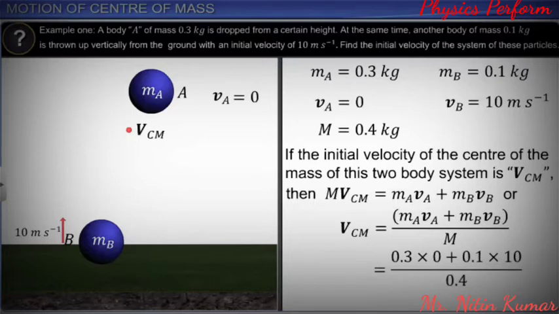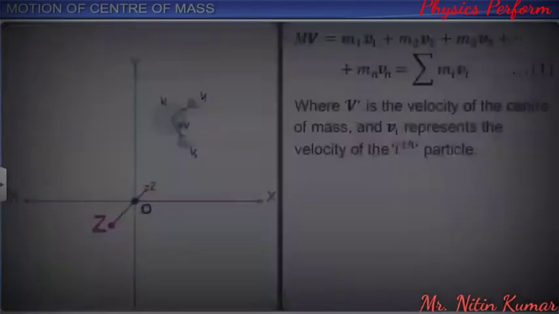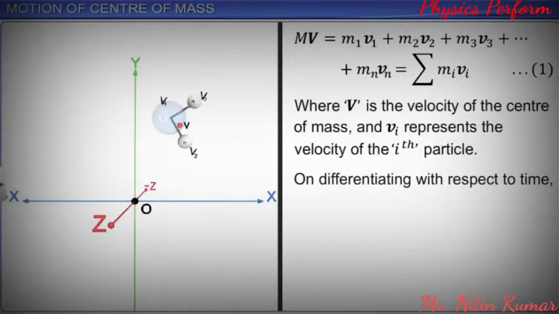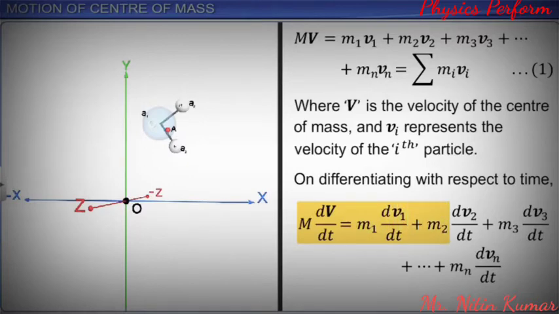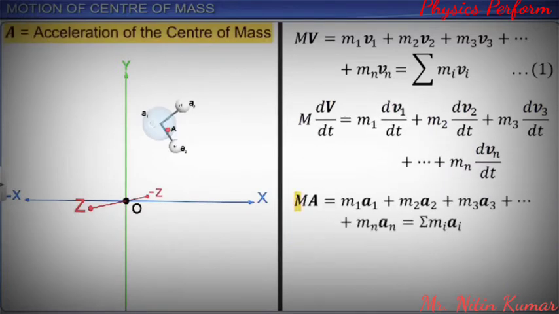On differentiating equation 1 with respect to time, m dv/dt is equal to m1 dv1/dt plus m2 dv2/dt plus m3 dv3/dt, and so on, plus mn dvn/dt. So ma is equal to m1 a1 plus m2 a2 plus m3 a3, and so on, plus mn an, which is equal to sigma of mi ai.